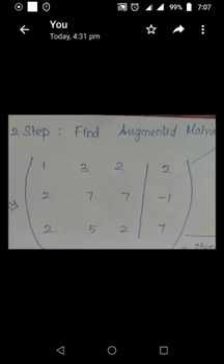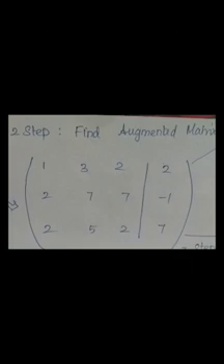We do R2 minus 2 times R1. The 2 becomes 0, because 2 minus 2 is 0. Next, 7 minus 3 into 2, that is 6, gives 1. Then 7 minus 2 into 2, that is 4, 7 minus 4 is 3.